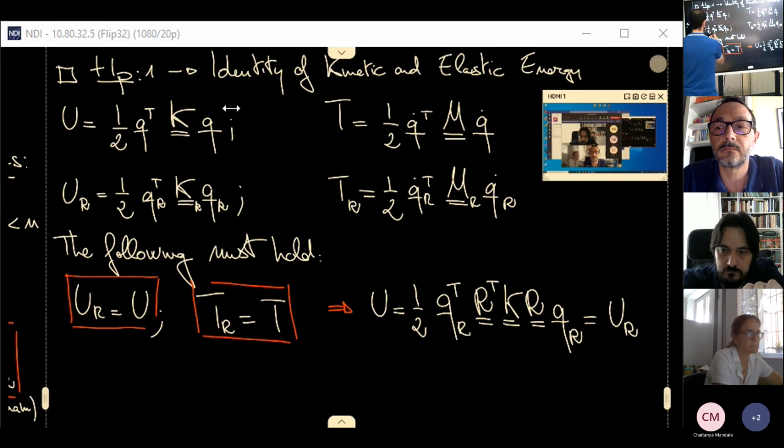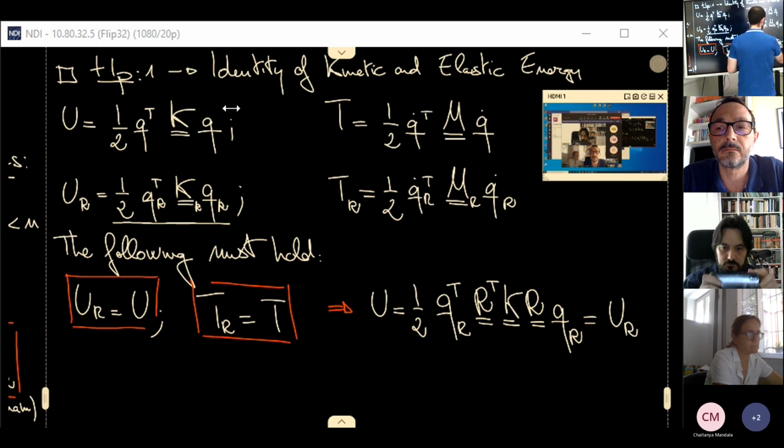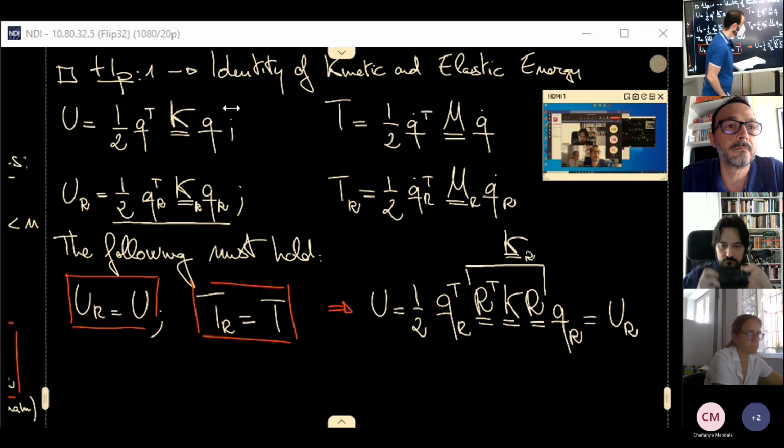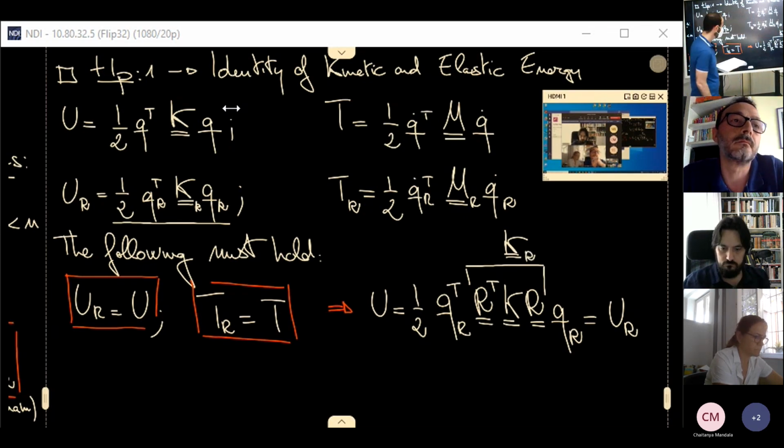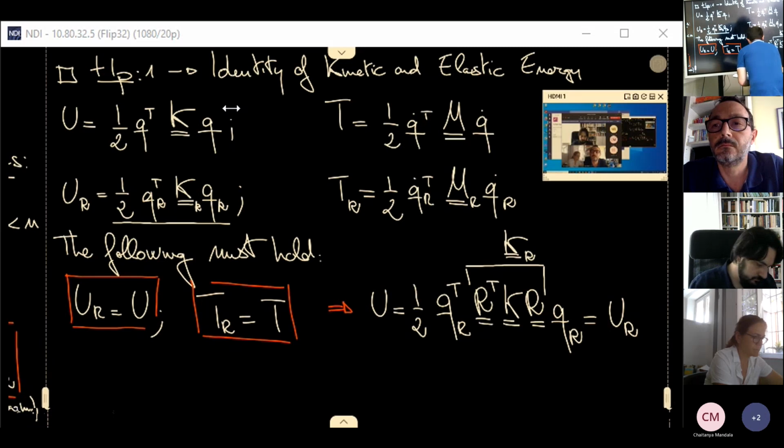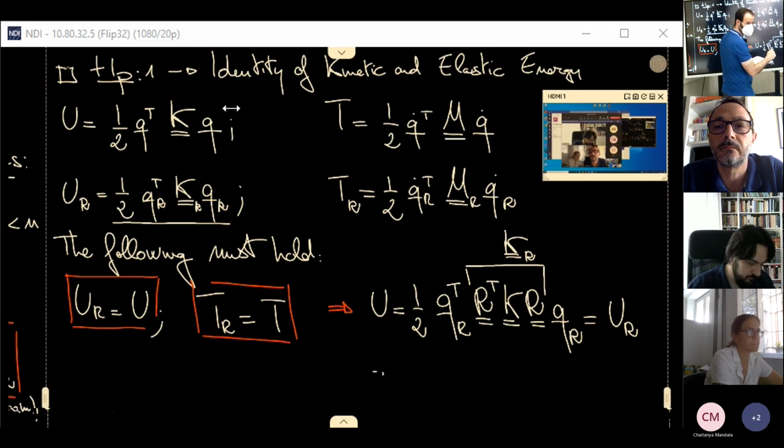But UR is this one. Okay? So it means that this must be KR. Okay? And the same goes for kinetic energy. In fact, already in this expression, we can elaborate something on this transformation matrix R.